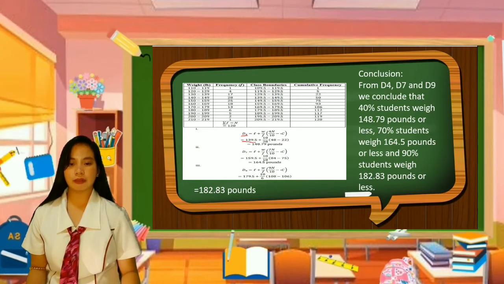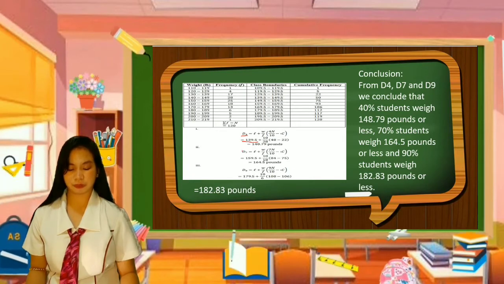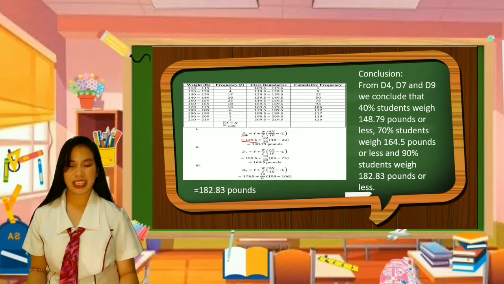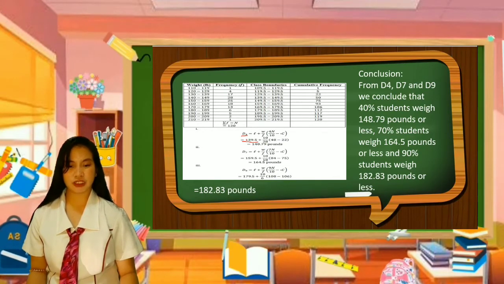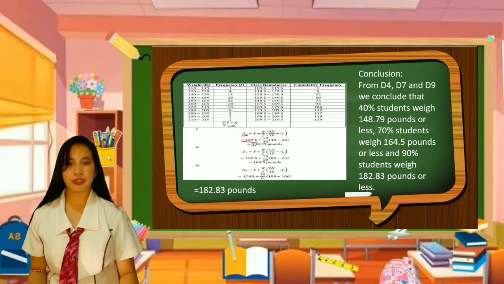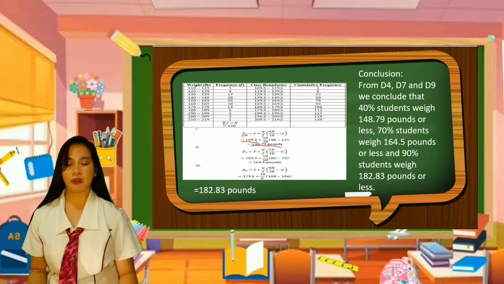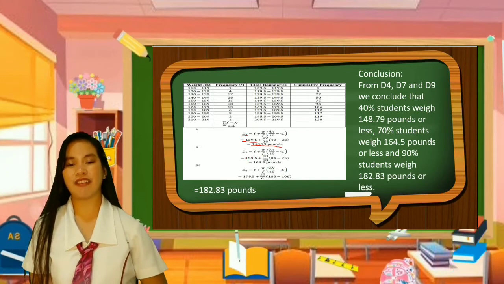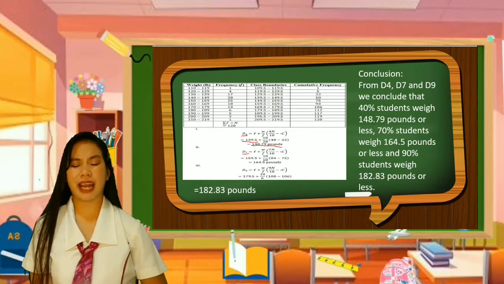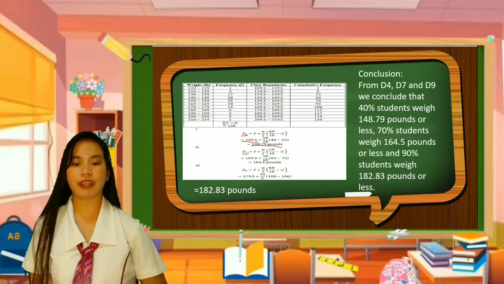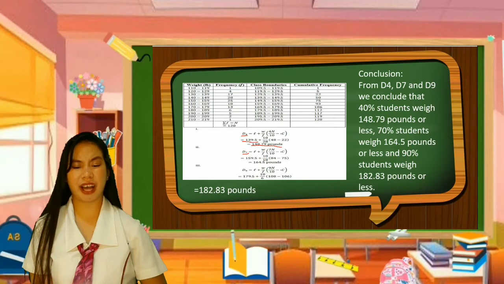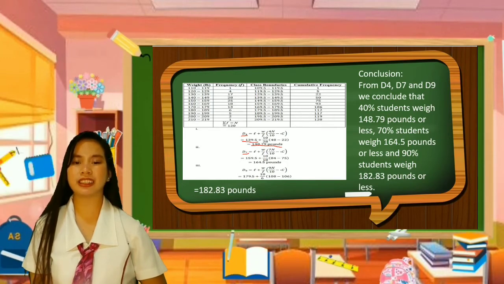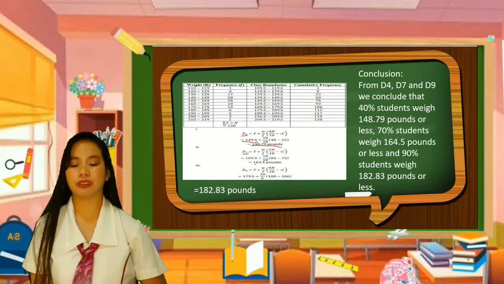So, the class boundary is 139.5 plus 10 over 25 times 48 minus 22, equals 148.79 pounds. Next is the 7th decile. 159.5 plus 10 over 18 times 84 minus 75 equals 164.5 pounds.